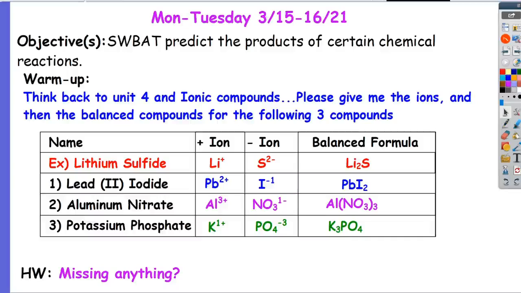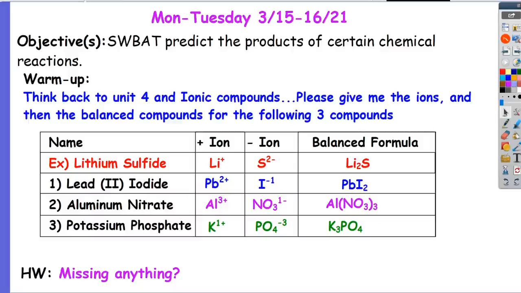If I look at my different elements, iodide looks a lot like iodine. Iodine is in group 17, and they all have a charge of -1. So again, I use my crisscross rule. The 1 from my iodine goes down to my lead, and the 2 from my lead goes to my iodide. So my balanced formula is PbI2.